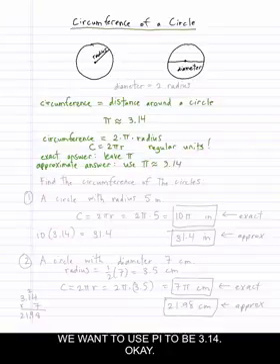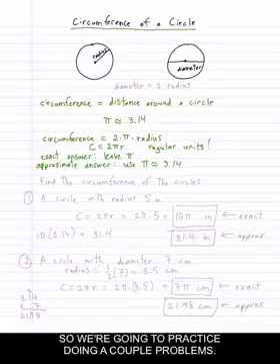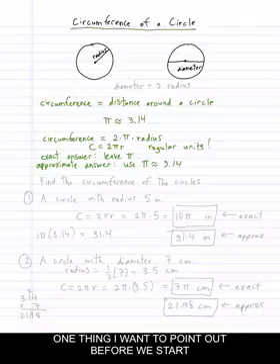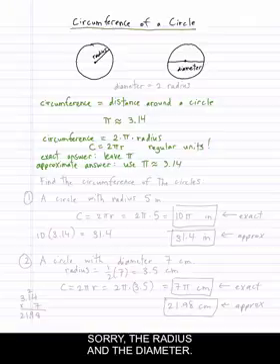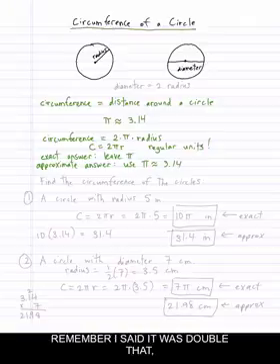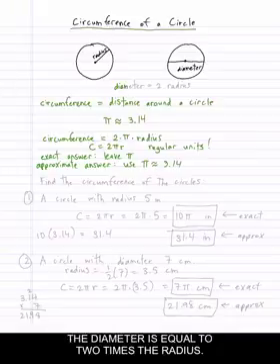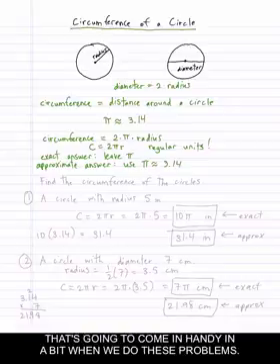Okay? So we're going to practice doing a couple problems. One thing I want to point out before we start is how to relate the radius and the diameter. Remember I said it was double that, so I'm going to put that down. The diameter is equal to 2 times the radius.